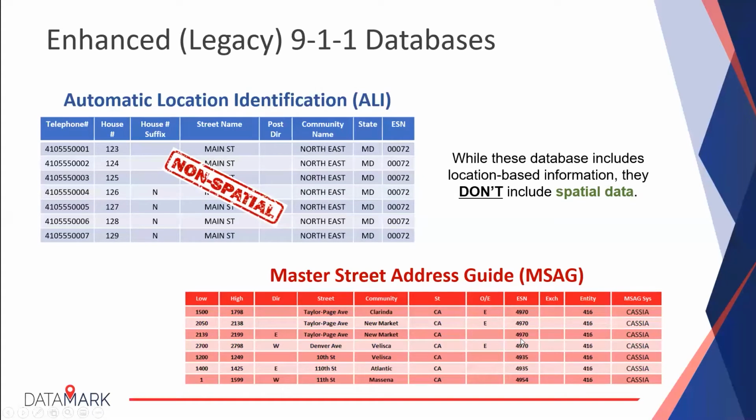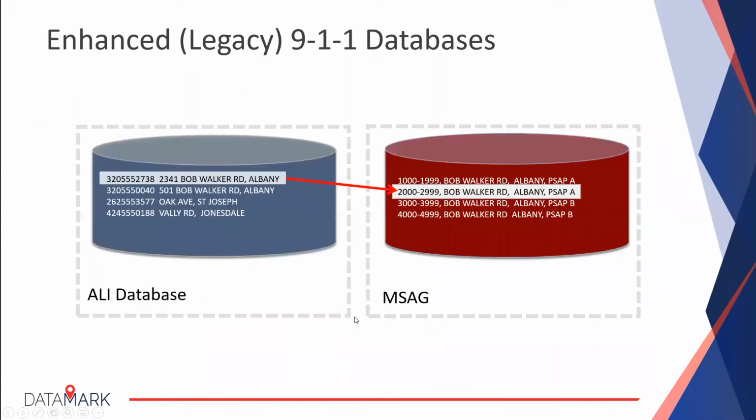So that's how the routing happens. Now, it's a little bit more sophisticated than that, and there are some more components, but we're really not going to go into the legacy 911 network today and how everything connects, other than just a brief description of how that may look.